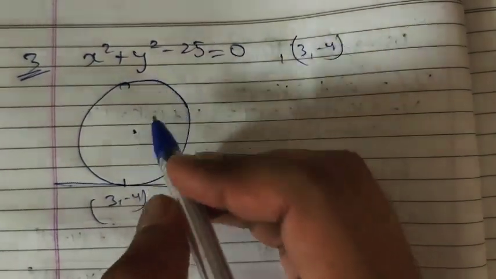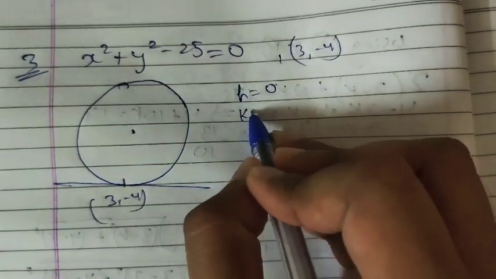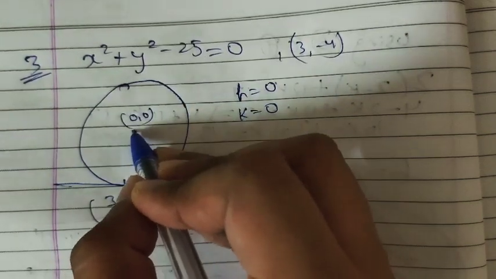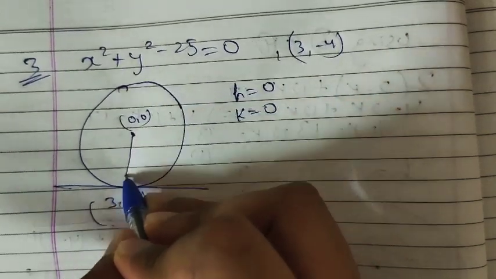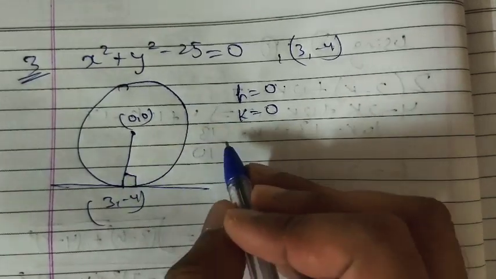Now here from the equation we can see that h is equal to 0, k is equal to 0. That means the center of the circle is 0 comma 0 and the radius is 5, right?